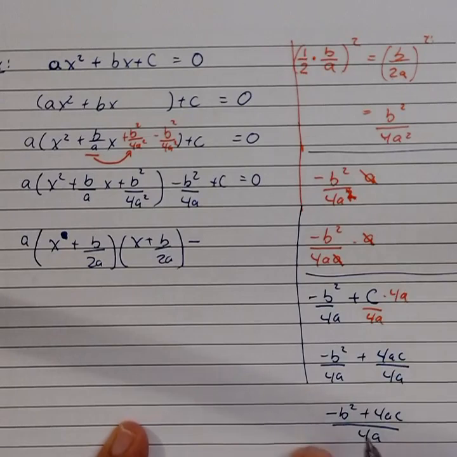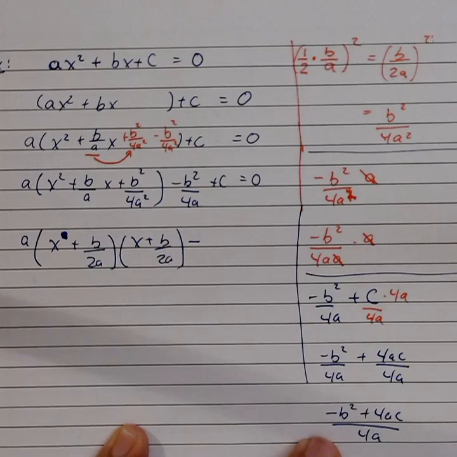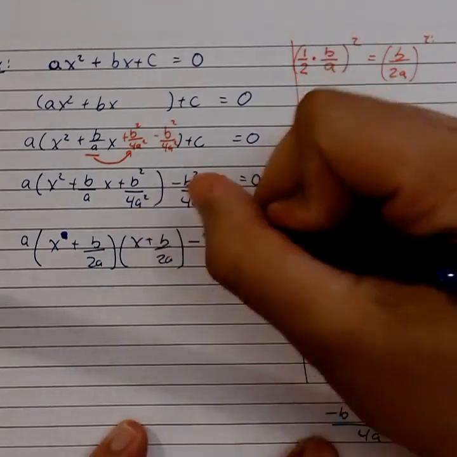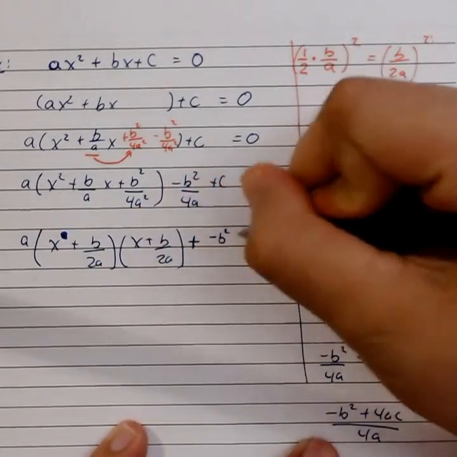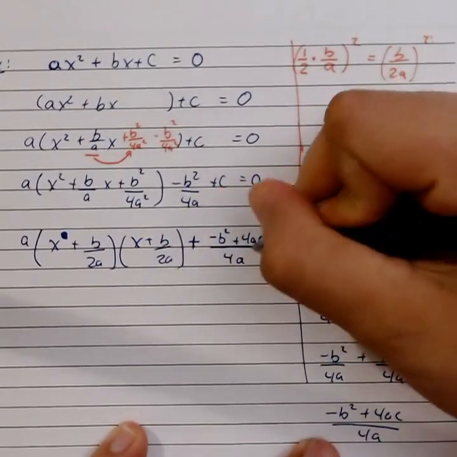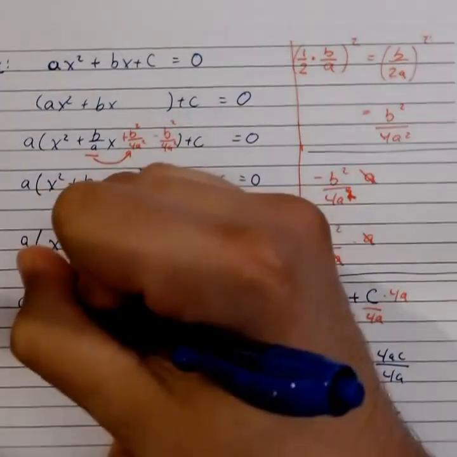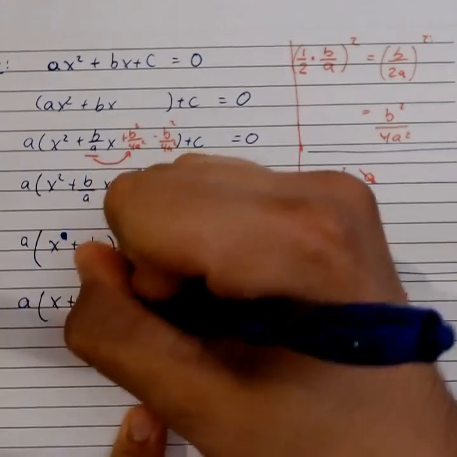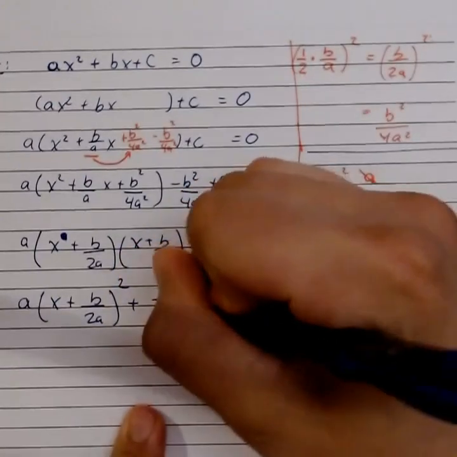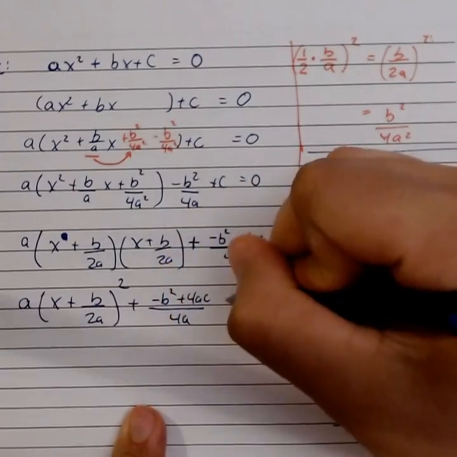So that's going to be plus negative b squared plus 4ac over 4a. And of course, since these two are the same, I can write them as a square. I can write this as a times x plus b over 2a squared plus negative b squared plus 4ac over 4a is equal to 0.